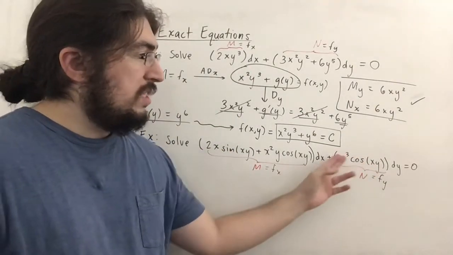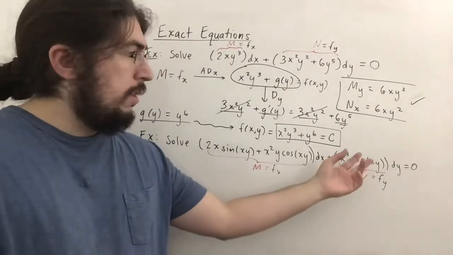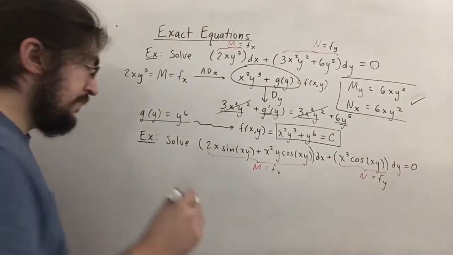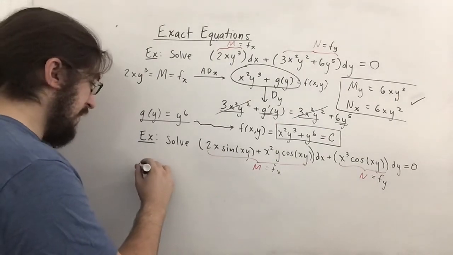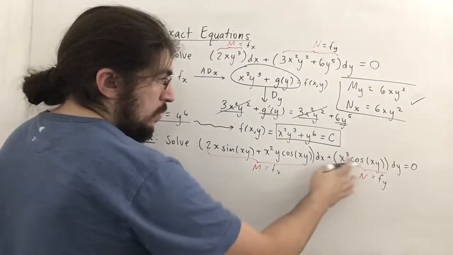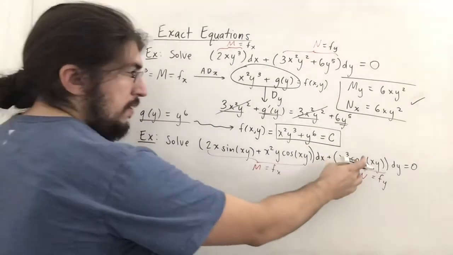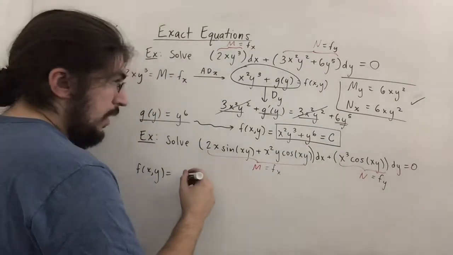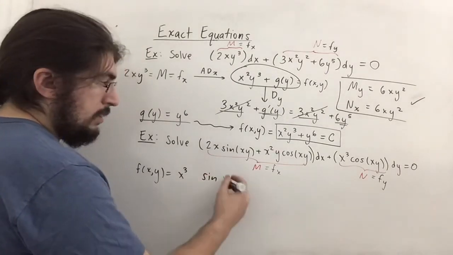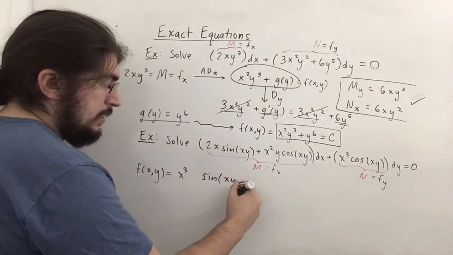So the antiderivative of this with respect to y requires no product rule, because we only have y on the inside, not on the outside. Awesome. So let's take a look at that. So that means f of x comma y is equal to the antiderivative of this with respect to y. Antiderivative of cosine is positive sine. X cubed is a constant that comes off with free on the outside, and that's of xy.